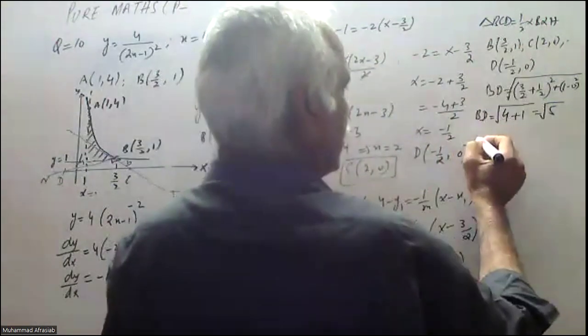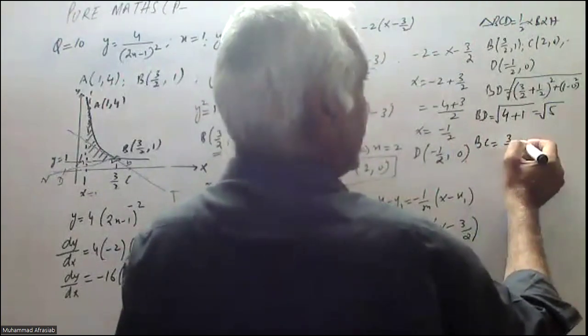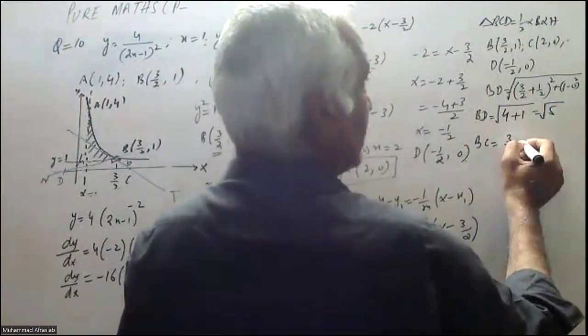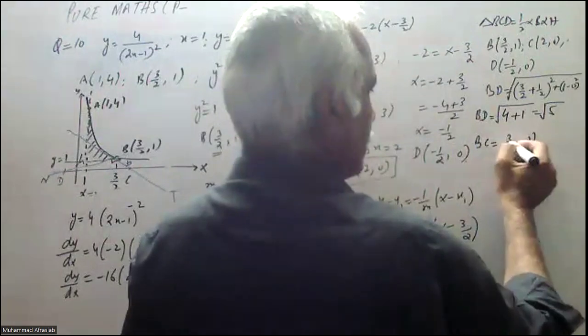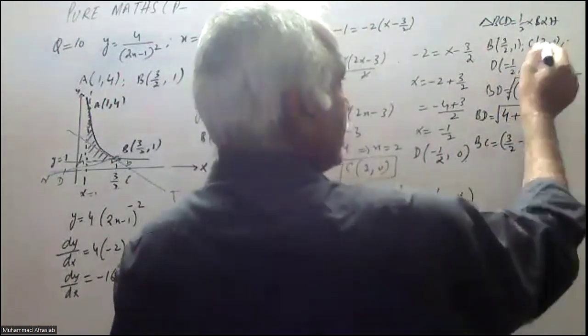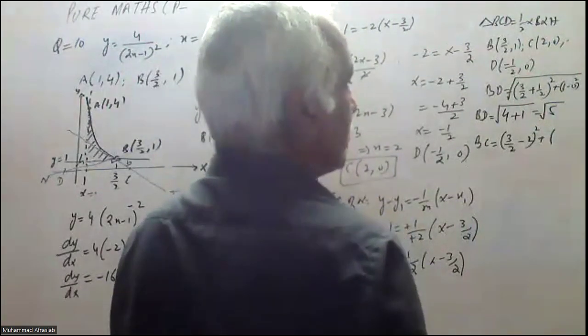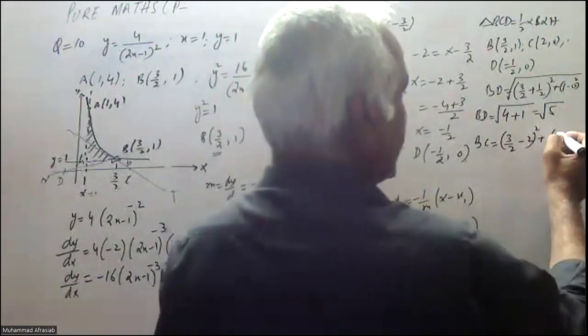B is 3 by 2, C coordinate is 2, minus 2 whole square plus 1 minus 0.